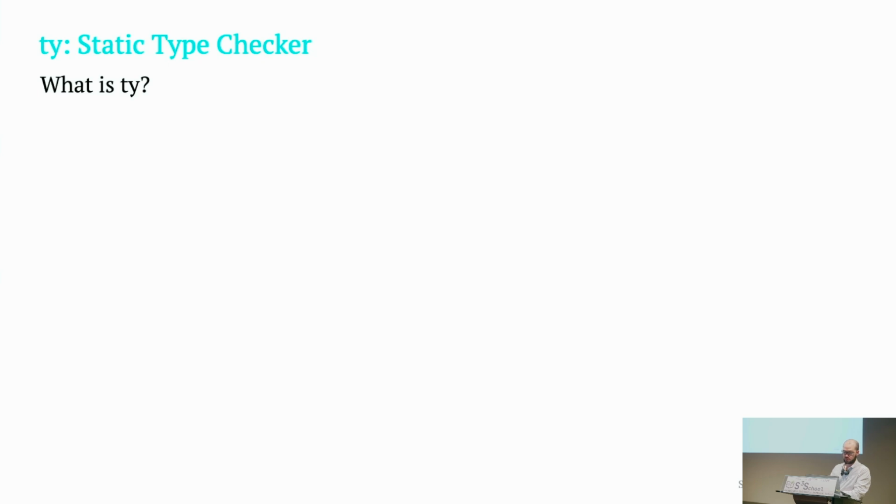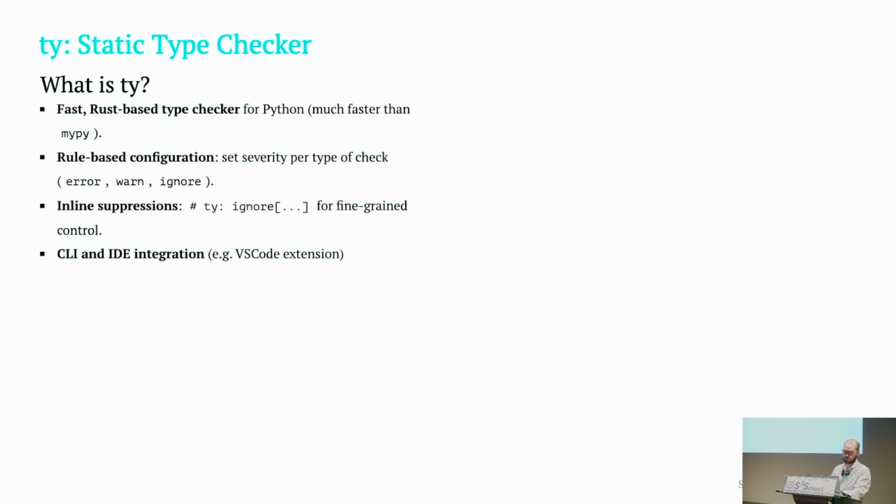So one I can recommend is ty. It's from the same company as Ruff, so also made in Rust. So it's really fast, same thing. You can have some rules as well to ignore, or with different levels, so error, warn and ignore rules.